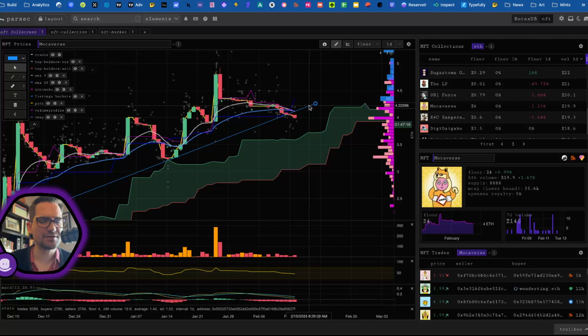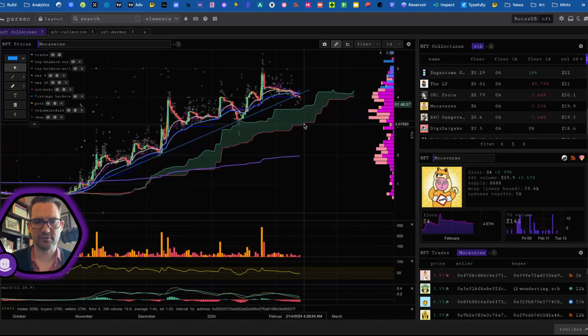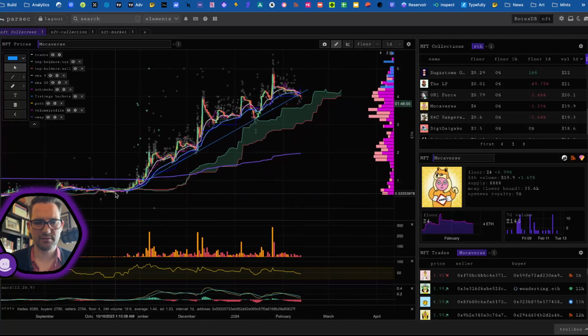They've just gone below this kind of uptrend. So that's kind of interesting on Mochaverse. Might be in for a bit of a pullback, say 3.5 ETH range. But they've been on a cook for a while, since October, 0.6 all the way up to 4 ETH. Just wild. And as high as 5 ETH actually recently.